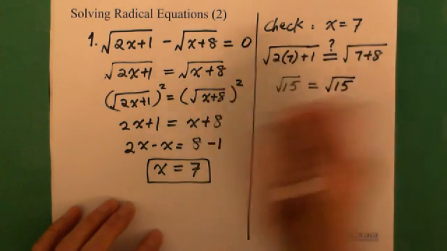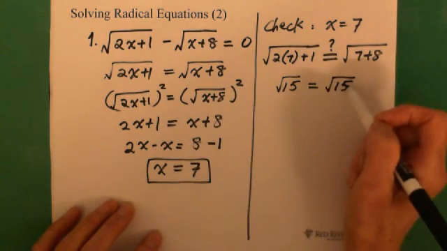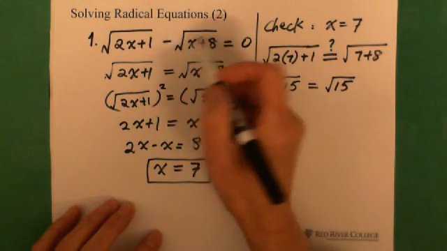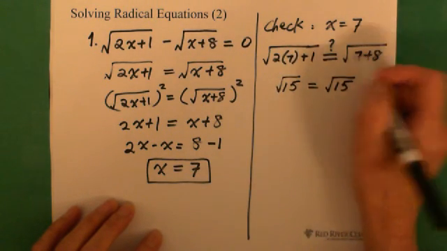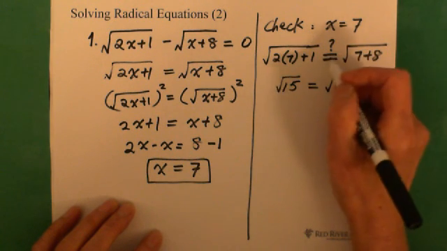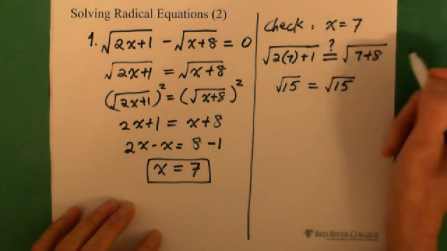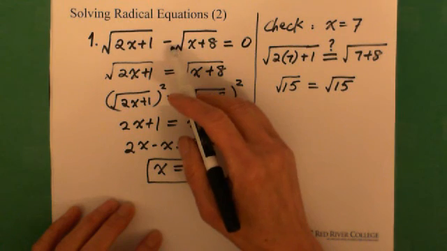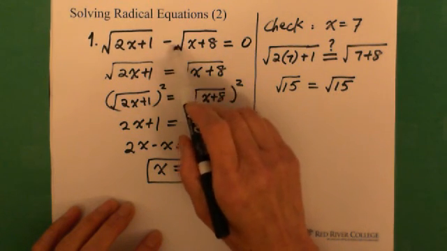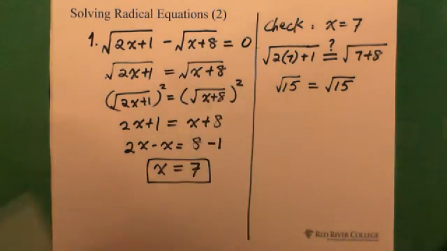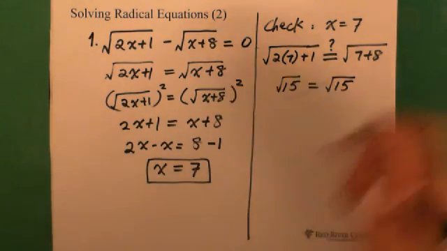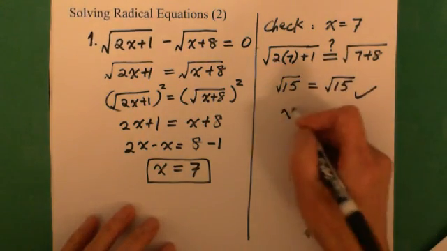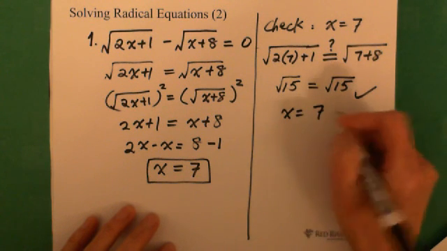As both sides are equal, this one equals this one. Even if you put this one minus this one equals 0, it is the same thing. We didn't make any change, just moved it, so you can use either form. So x equals 7 is the solution.